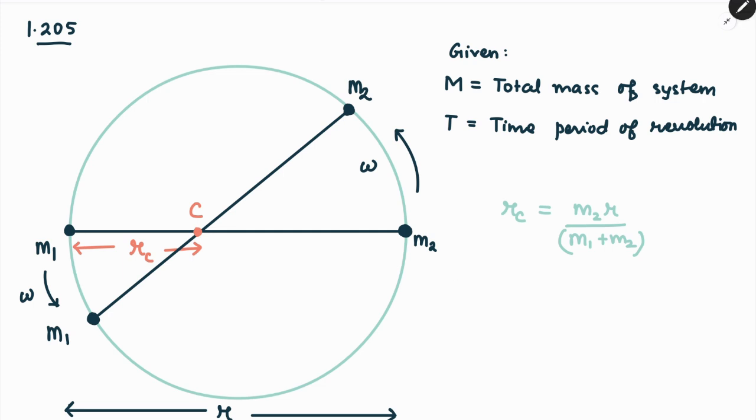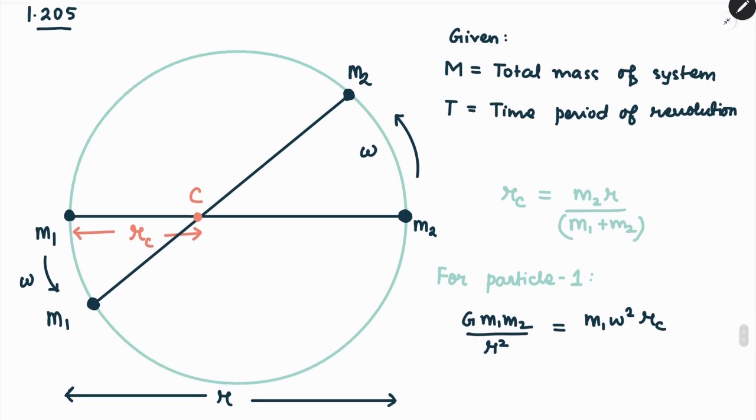So for particle 1, we can say that the force of gravitation, that is G m1 m2 by r square, is balanced by m1 omega square r, where r is equal to rc.